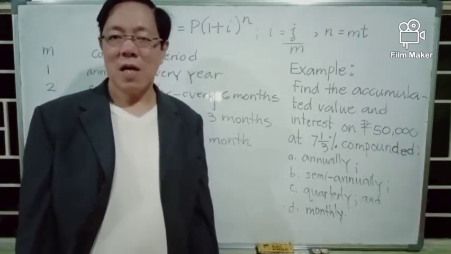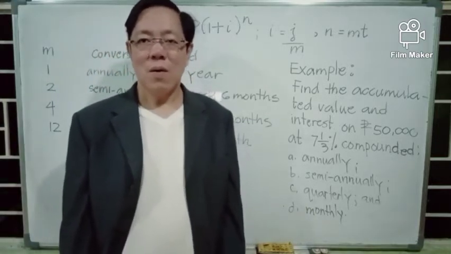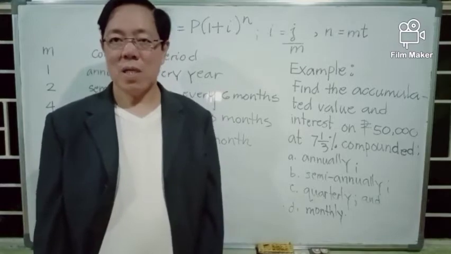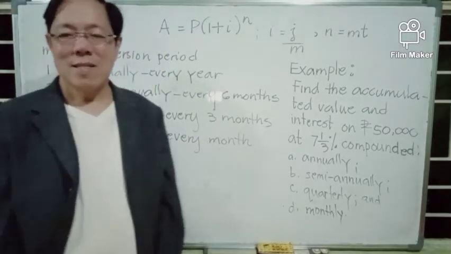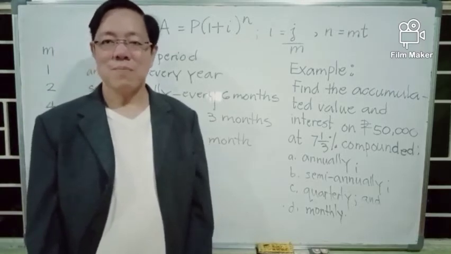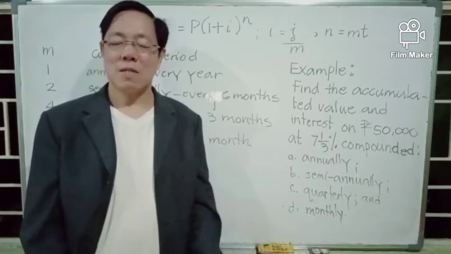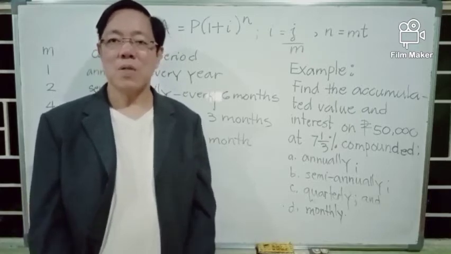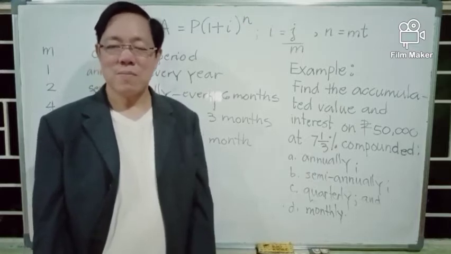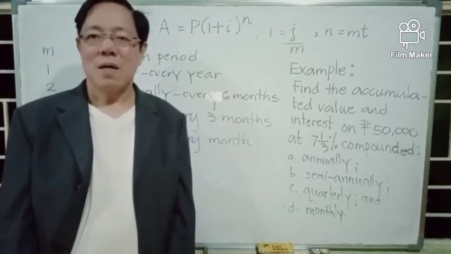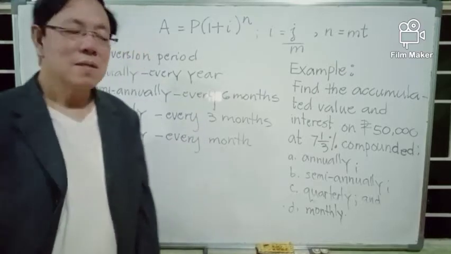As I mentioned earlier, at compound interest rate, the amount of interest may be computed once a year, that is annually, or semi-annually, that is twice a year, or quarterly, that is 4 times a year, or monthly, and that is 12 times a year.